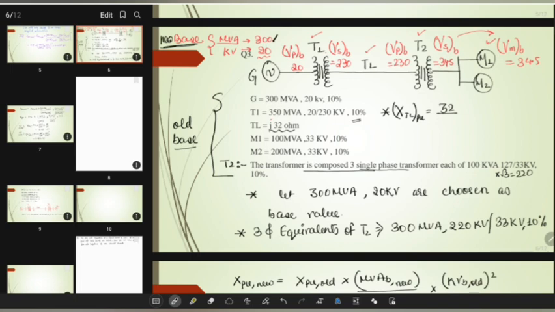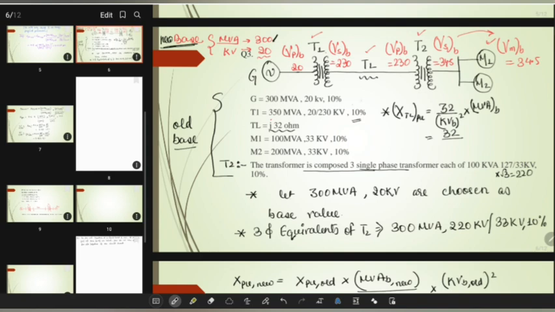So the base value will be kV base square into MVA base, right, divided by MVA base.